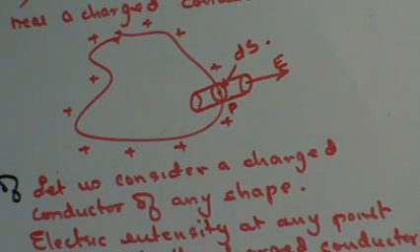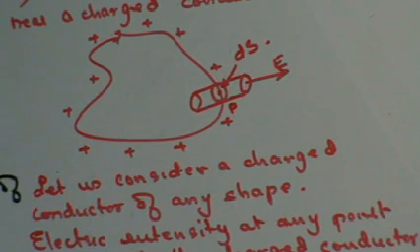Now, what will be the electric intensity inside the conductor? Can someone tell me? Zero. Because there is an experiment called Faraday's butterfly net experiment, which says that the charge inside the conductor is always zero. The charge always rests on the surface of the conductor.